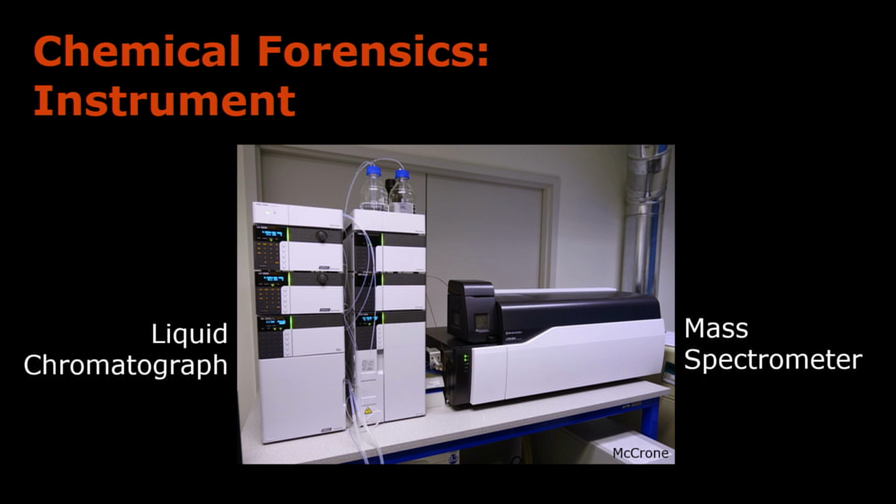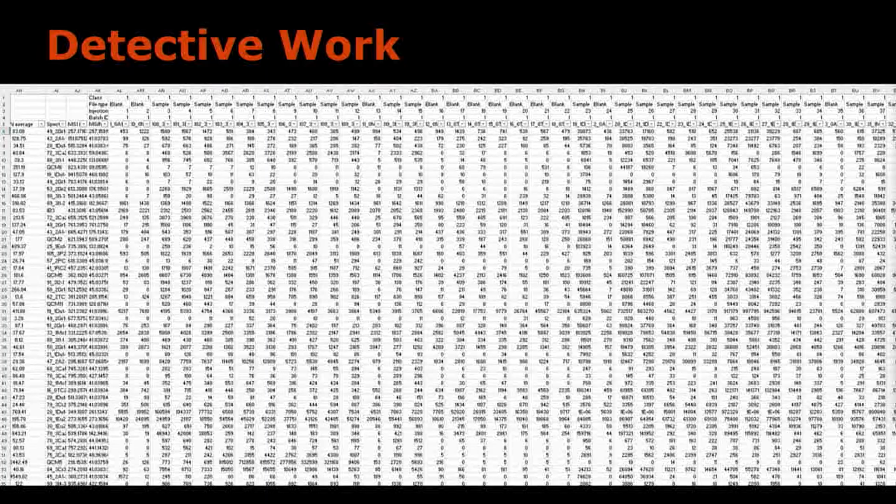And what's great about this method is it doesn't limit my search, but unfortunately the way this instrument works is it fragments my chemicals into pieces. And so I don't have any chemical names associated with these fragments, and I have to do a little detective work. Basically, I get this huge file with masses, retention times, and intensities for each of those individual fragments.